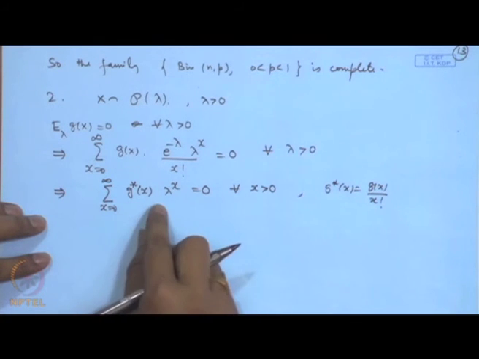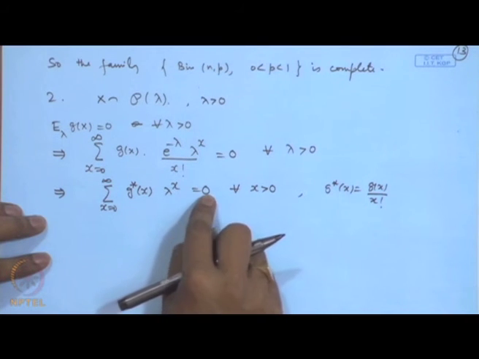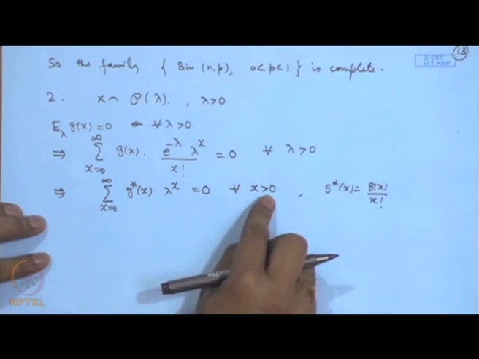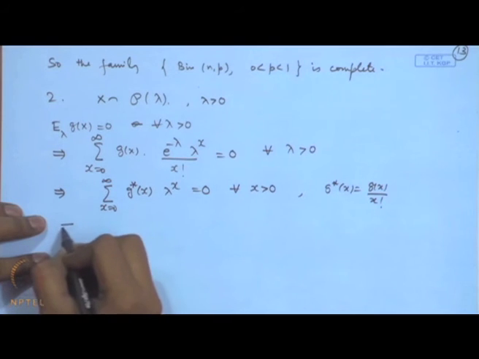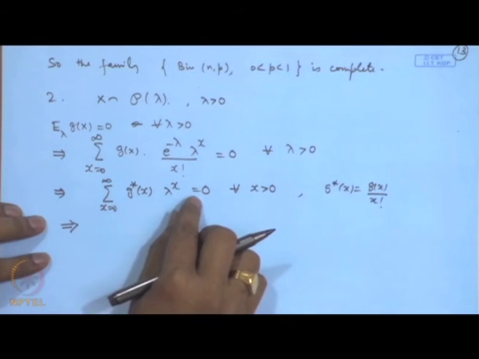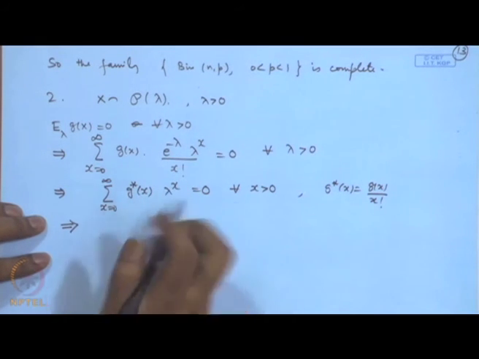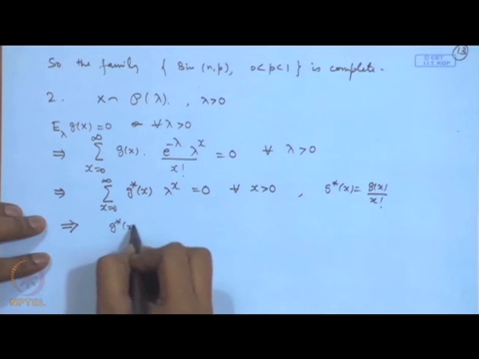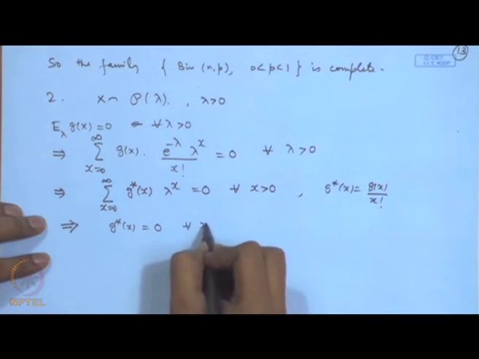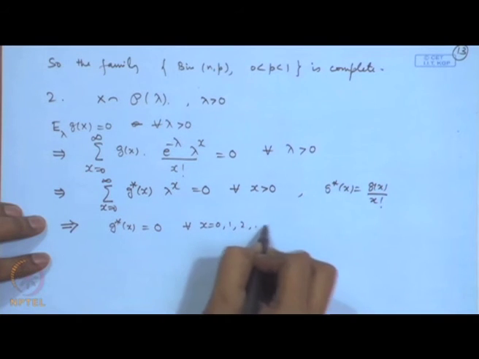Once again, if you notice, on the left hand side I have a power series in lambda, which is vanishing identically over the positive half of the real line. If a power series vanishes identically over an interval, all the coefficients must vanish. So, that means this is equal to 0 for all x = 0, 1, 2 and so on.